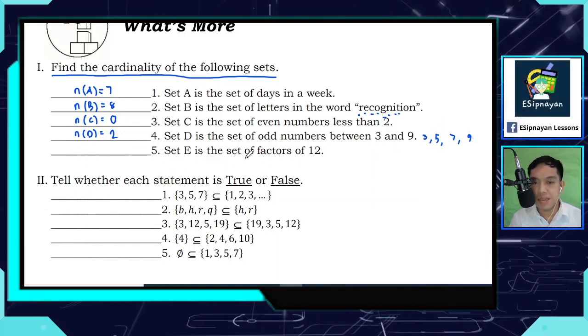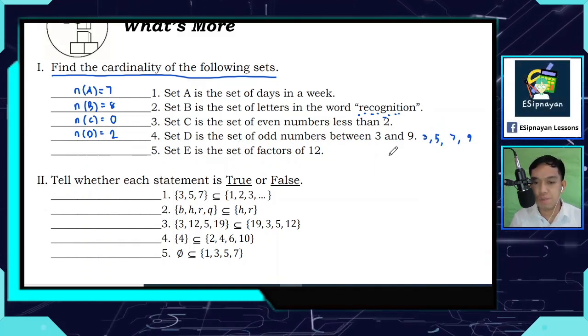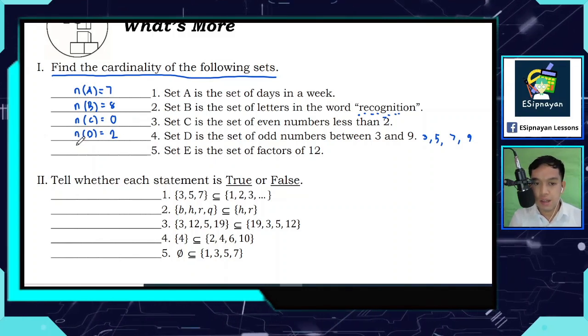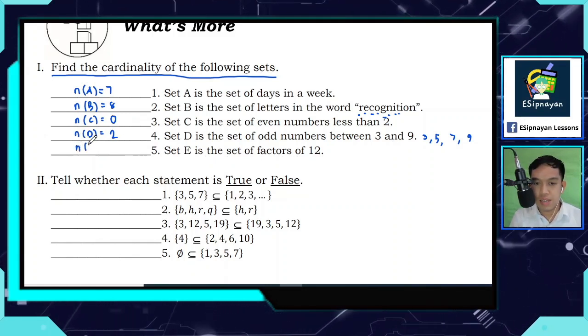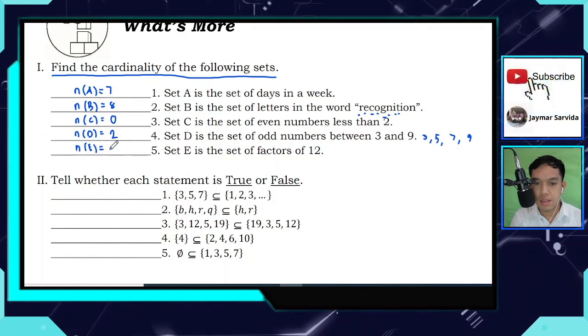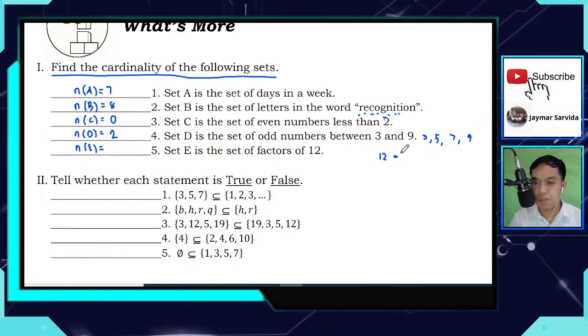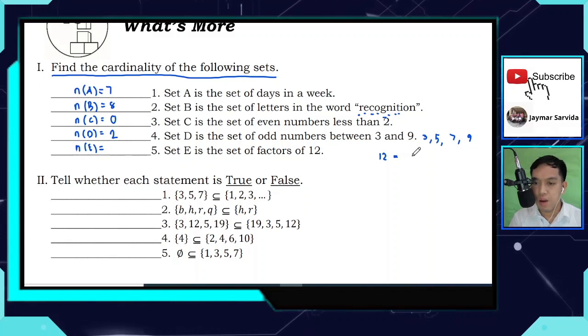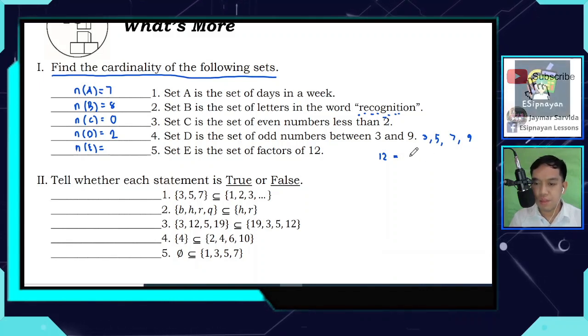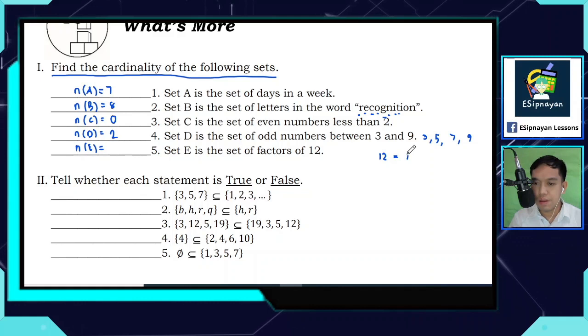Then, set E is the set of factors of 12. So, the number of elements in set E. So, factors of 12. Ano ba yung mga factors na 12? We have 1, then 2, at saka 3.